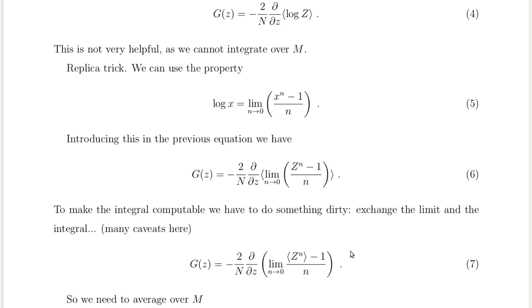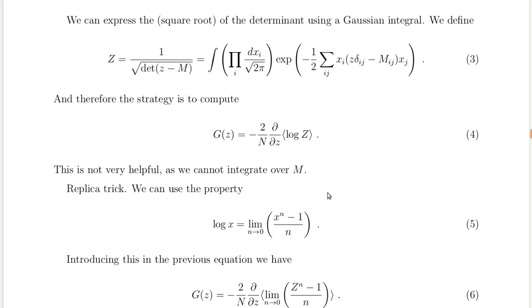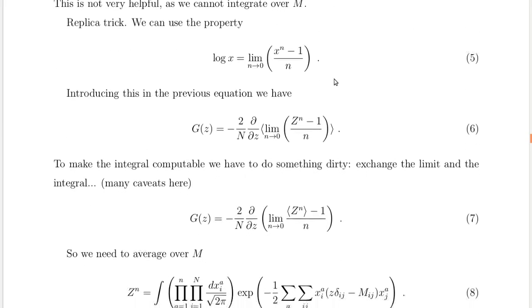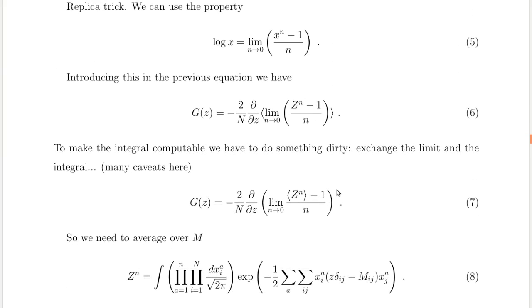And in that case, we can write Z to the n as a combination of integrals. Then, after we do that for an arbitrary n, we're going to do an analytical continuation of the result and take the limit of n going to 0.